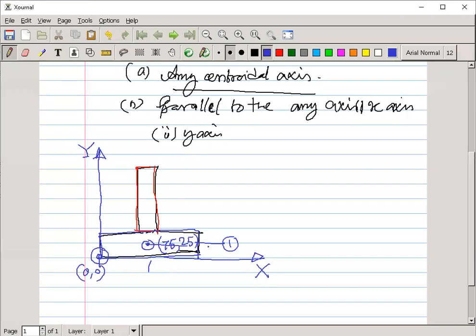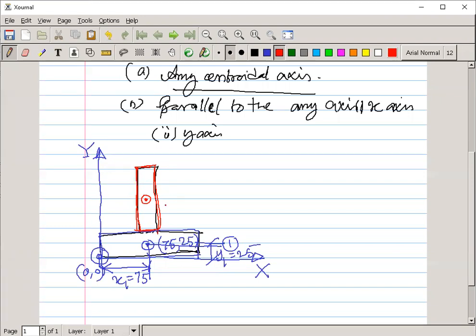It means x1 is 75 and y1 is 25. Now for this element 2, this is the centroid of element 2.